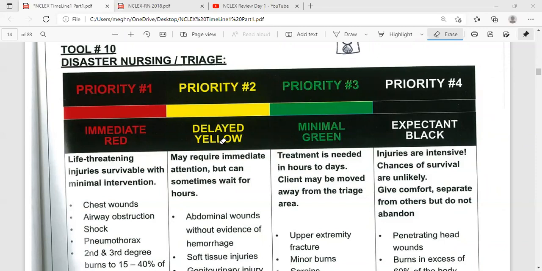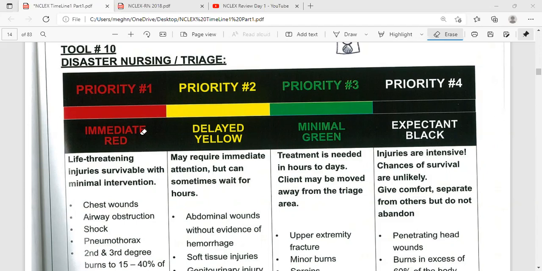So if you delay, your patient will not die. Priority three, minimal help they need, they can wait. It is green. And priority four, expectant, they will die, whatever you do. If you are late or if you give your maximum time, they will still die. So it is expectant and it is black.